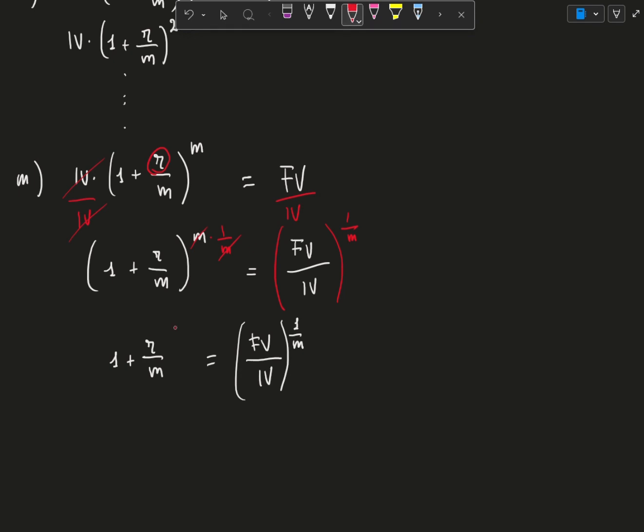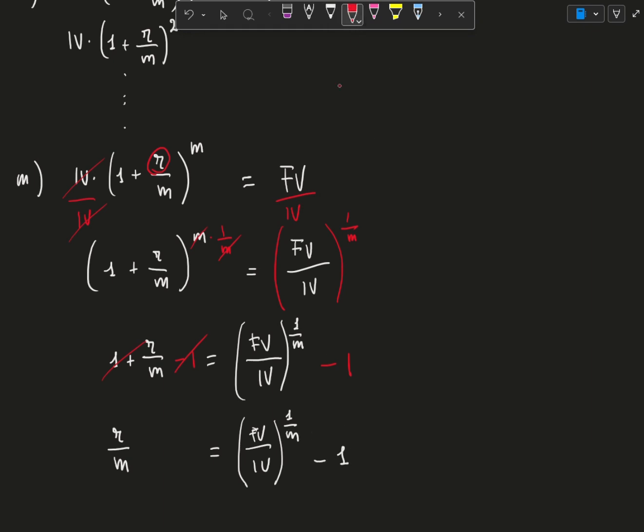And the last thing we can do is to subtract 1 from both sides so that these two cancel out, so that we have R over M being equal to final value over initial value to the power of 1 over M minus 1.